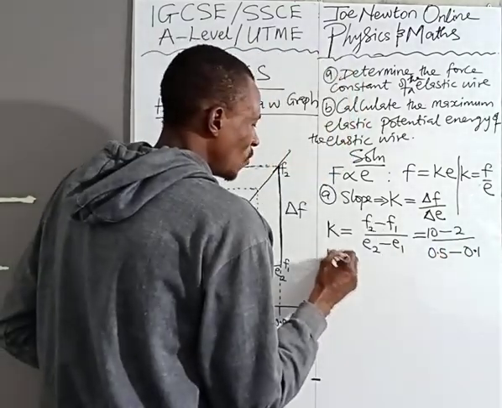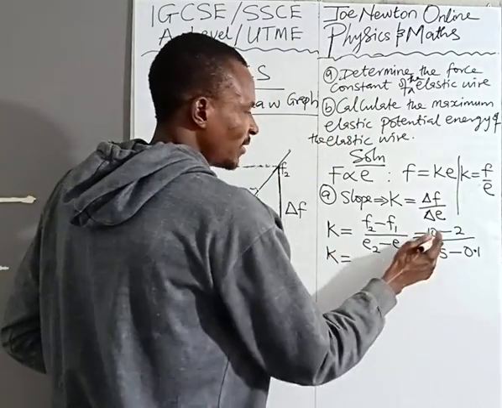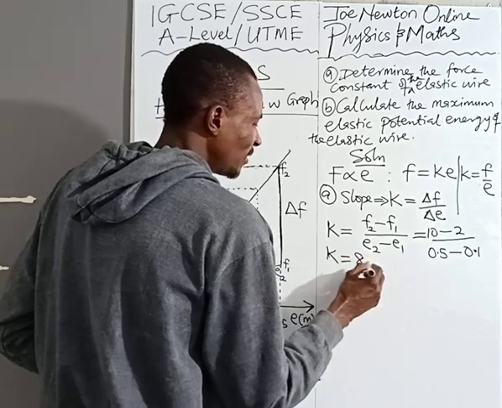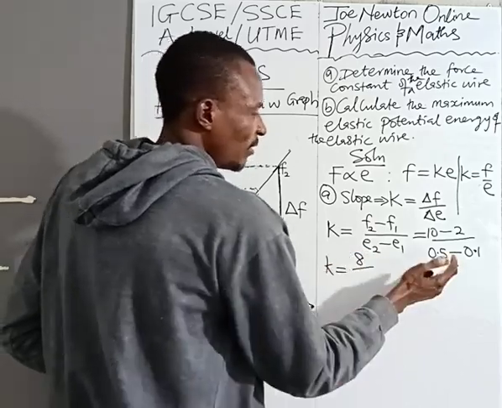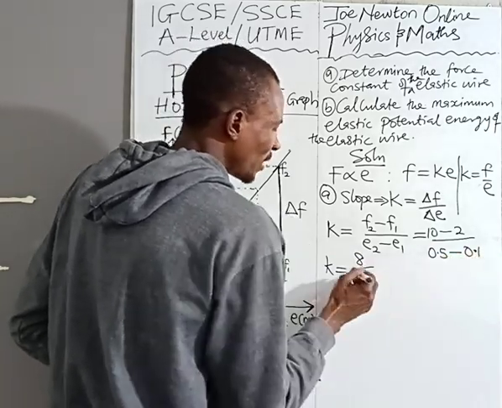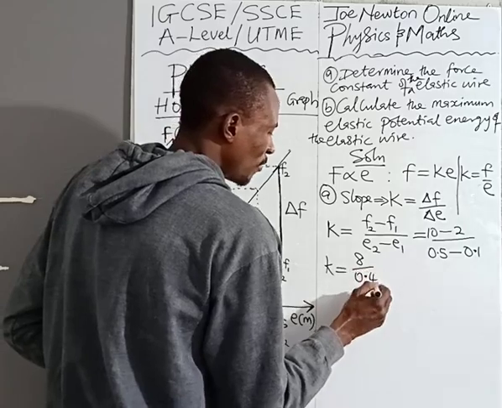Then my K now becomes 10 minus 2, of course, is 8, over 0.5 minus 0.1, which gives us 0.4.